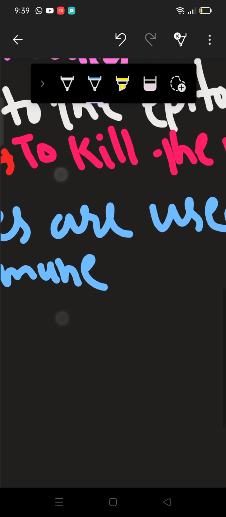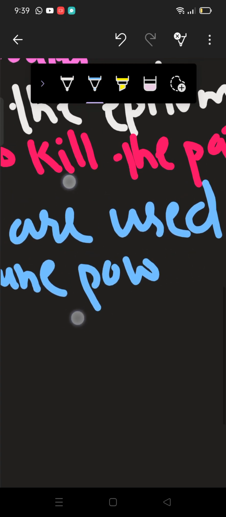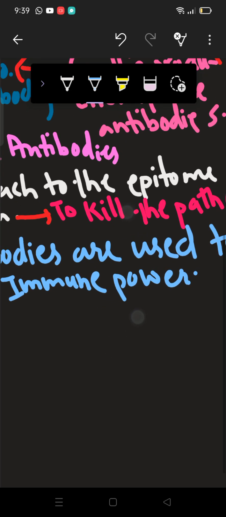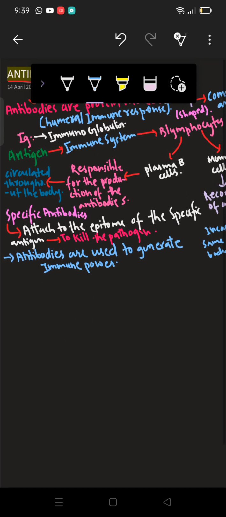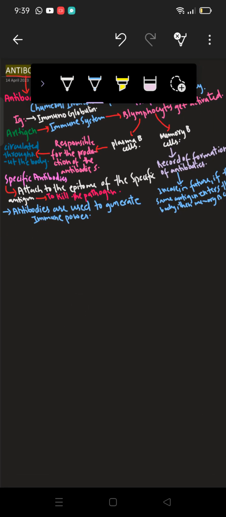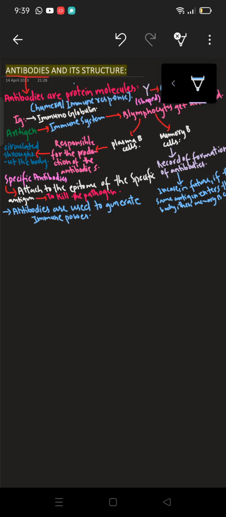Because we know that when an antigen enters the body, it will trigger our immune system, and then B lymphocytes will be differentiated into plasma B cells and memory B cells. Plasma B cells will start producing the antibodies, and memory B cells will keep the record of how antibodies are produced. Then these antibodies would be circulated throughout the body.